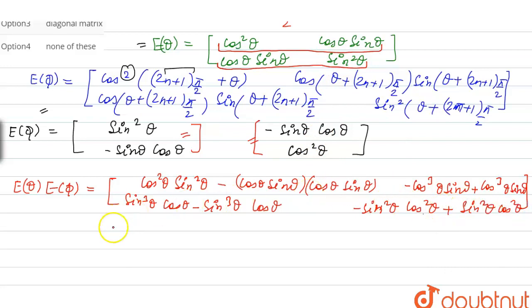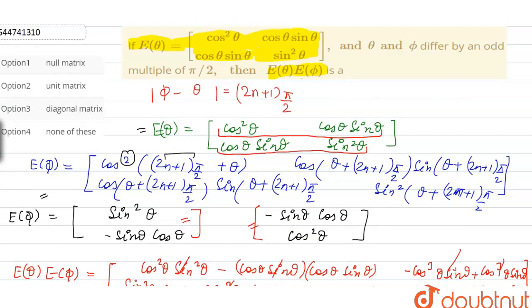Now clearly we can see that E of theta into E of phi is equal to: this gets cancelled, so this becomes 0. This gets cancelled, so this also becomes 0. This also gets cancelled, so this becomes 0. And this also gets cancelled, so this becomes 0. Finally, all the entries are 0, so this is a null matrix.